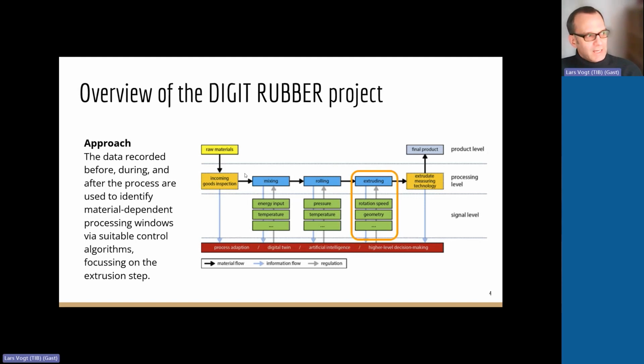The approach followed in the project is that data is recorded before, during, and after the process. This data is used to identify material-dependent processing windows via suitable control algorithms, to then adjust certain settings and parameters in the process to get the ideal output.